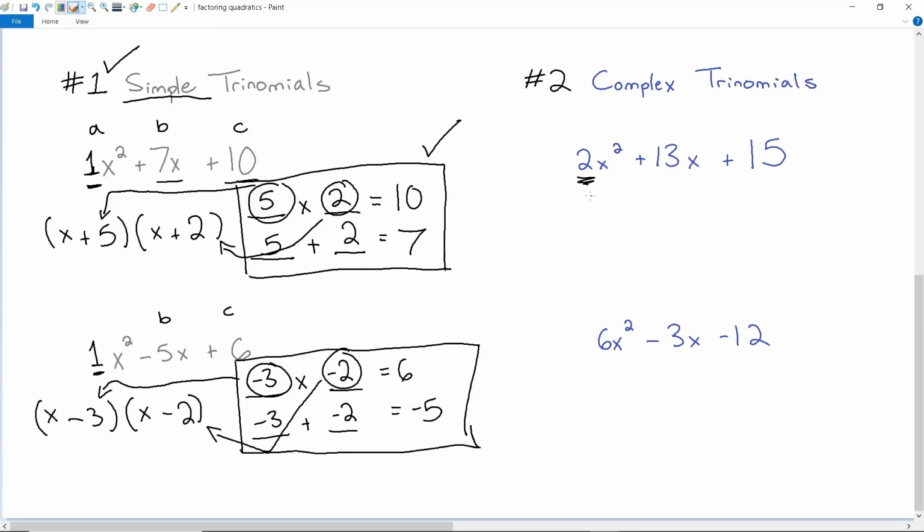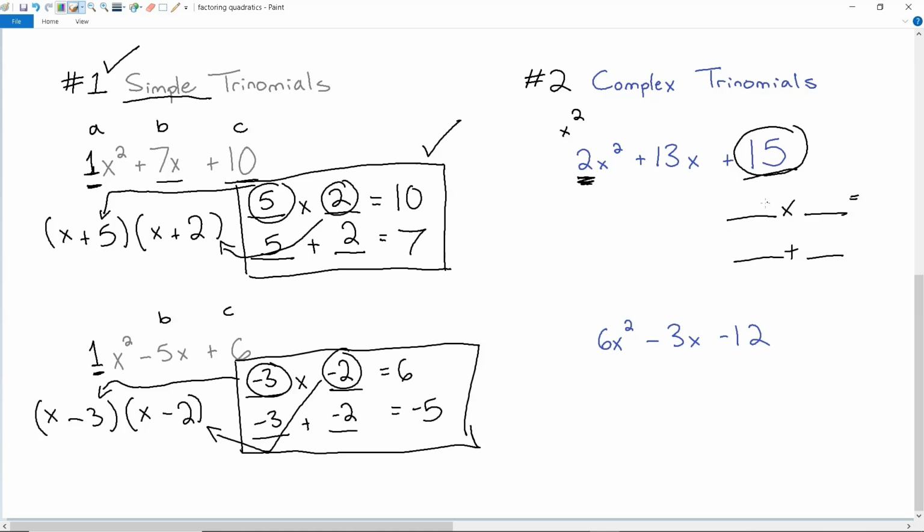We're going to follow the same rules where we're trying to multiply 2 numbers to get to a value and add those same numbers to get to a different value. The difference is, instead of going straight to our C term for the value that we're trying to multiply to, I need to take the value of my C term and multiply it by the leading coefficient on my leading term.